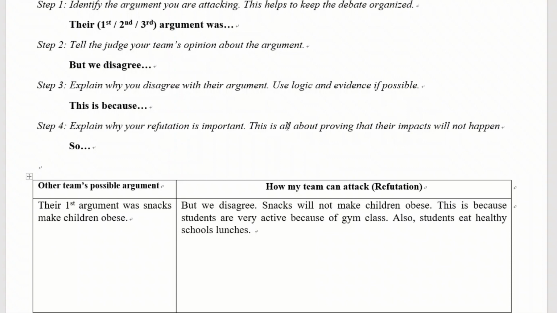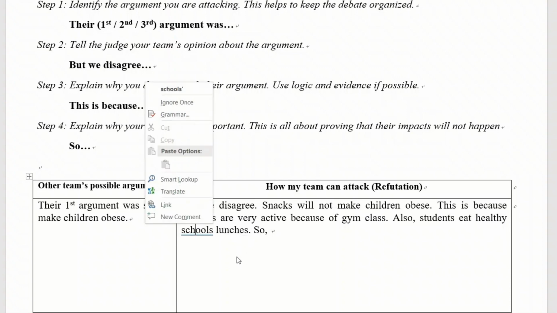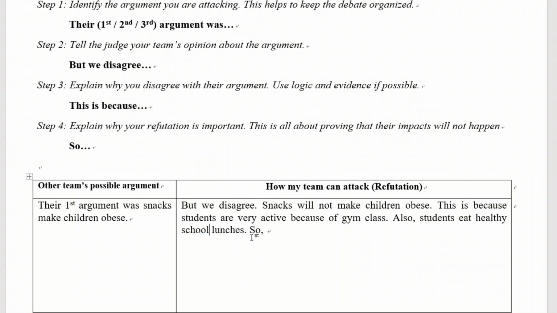And then explain why your refutation is important. So, children won't become obese because of snacks.